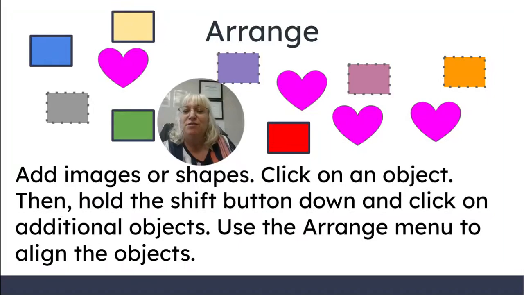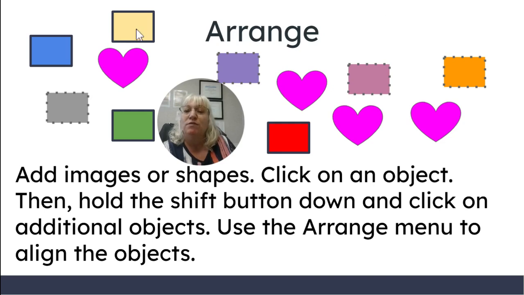You can click and drag the edges of your shape in order to make it bigger or smaller. You can then continue adding a variety of shapes and colors with different kinds of edges so that it makes your design interesting. Up at the top, you can use the Arrange menu to align your objects.